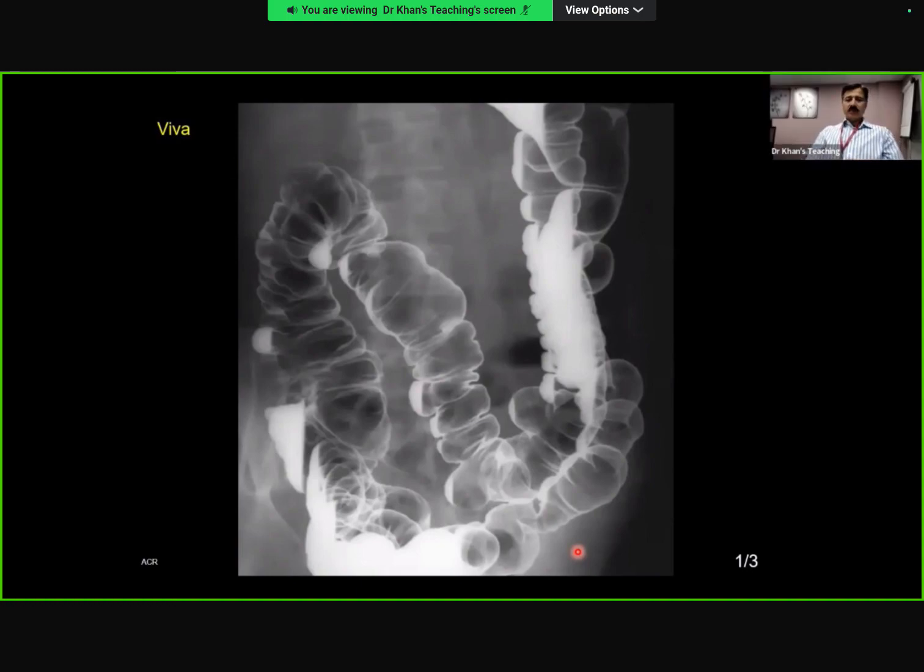Rheumatology, hint again. So they're wide-based. So it has to be a systemic condition, right? And you are seeing a manifestation in the bowel of a systemic condition.